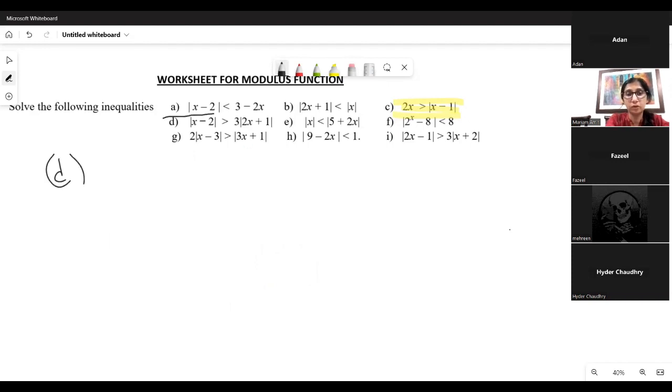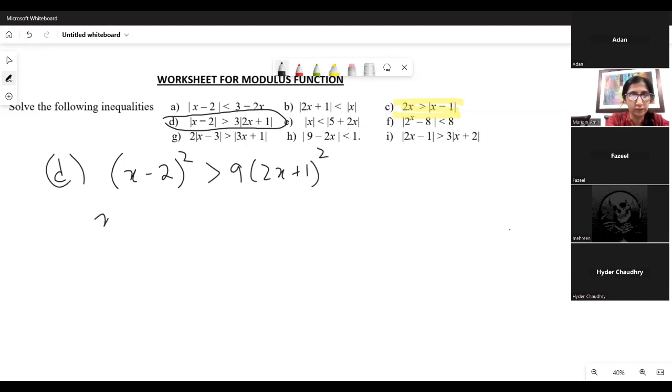Square both the sides, because on both sides of the inequality we have a modulus function. So (x minus 2) whole square greater than the square of 3, which is 9, times (2x plus 1) whole square. So we have a square minus 2ab plus b square greater than 9 bracket a square plus 2ab plus b square.